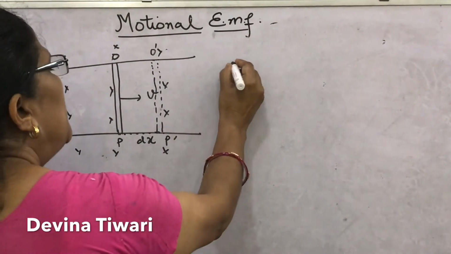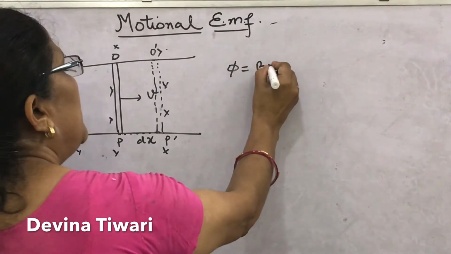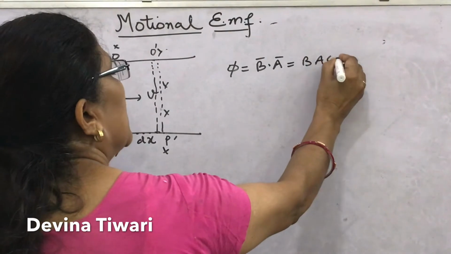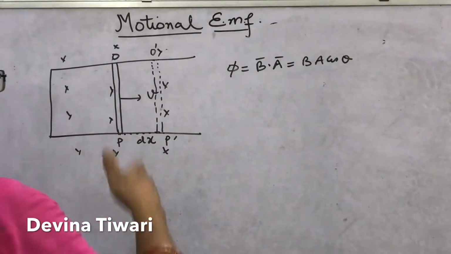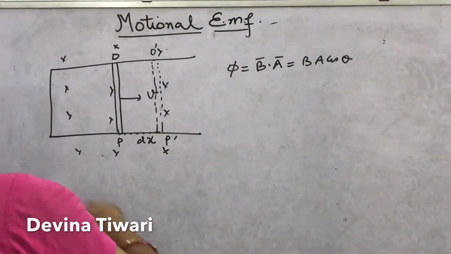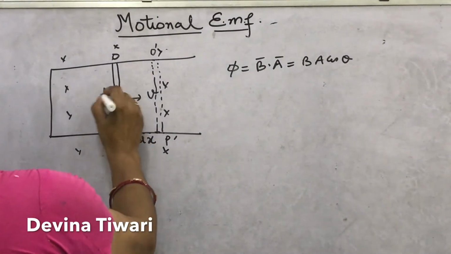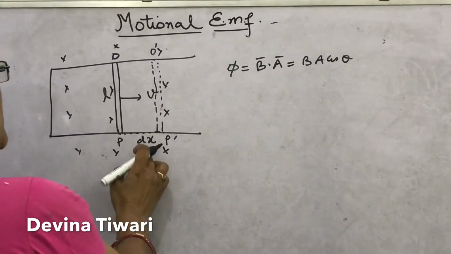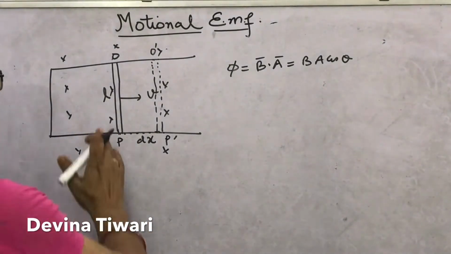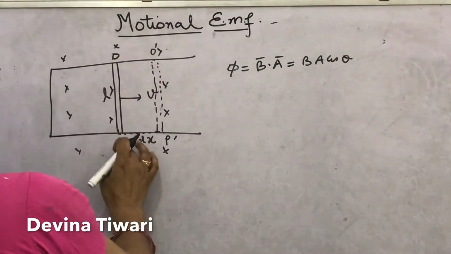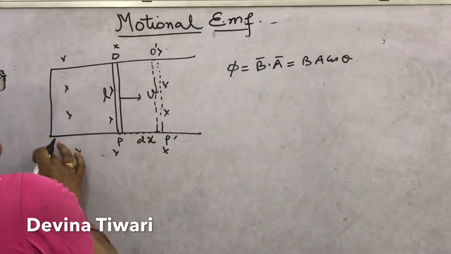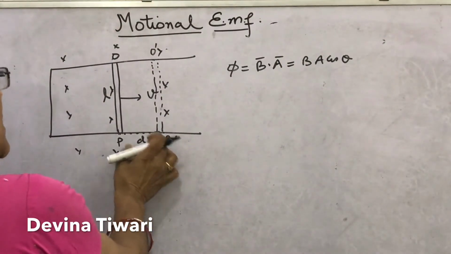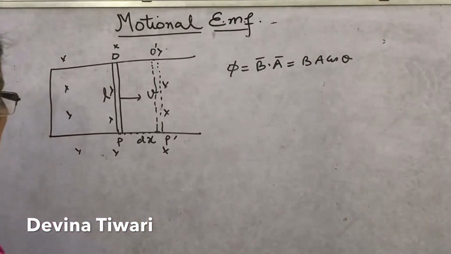Here you know phi is B dot A, magnetic flux, and that is BA cos theta. Look here, the magnetic field is downward, and suppose this length of the rod is L, the area is L into dx. Initially, when the rod was at OP, this much was the area, and when the rod moves dx distance in the time dt, there is an increase in area.